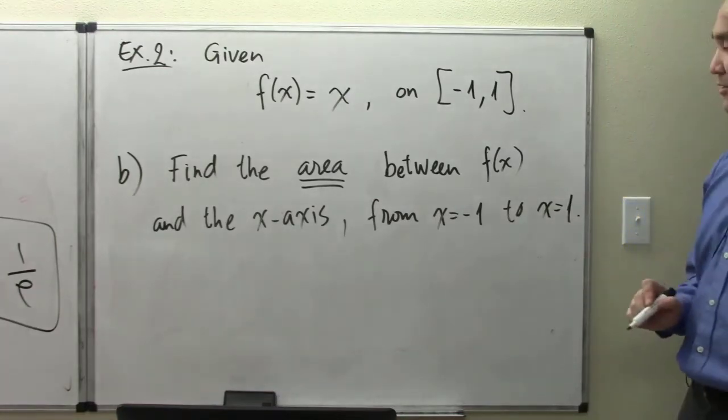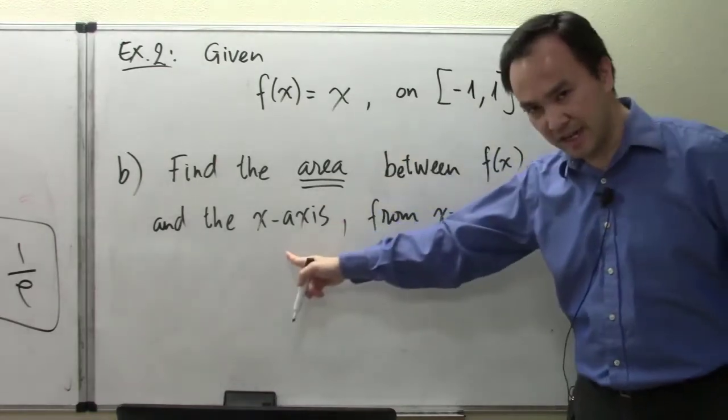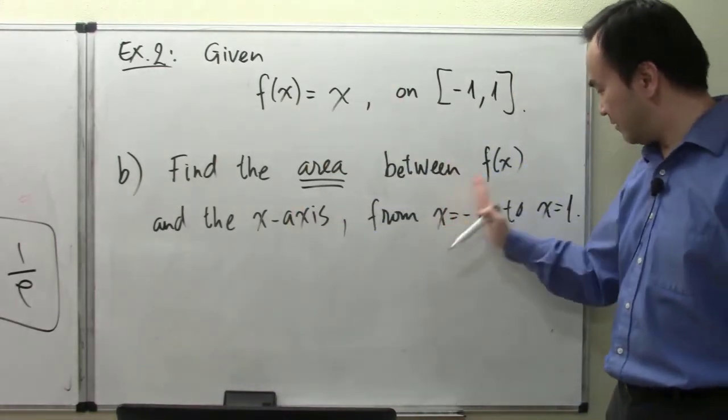All right, so find the area between the function and the x-axis, anywhere from -1 to 1.